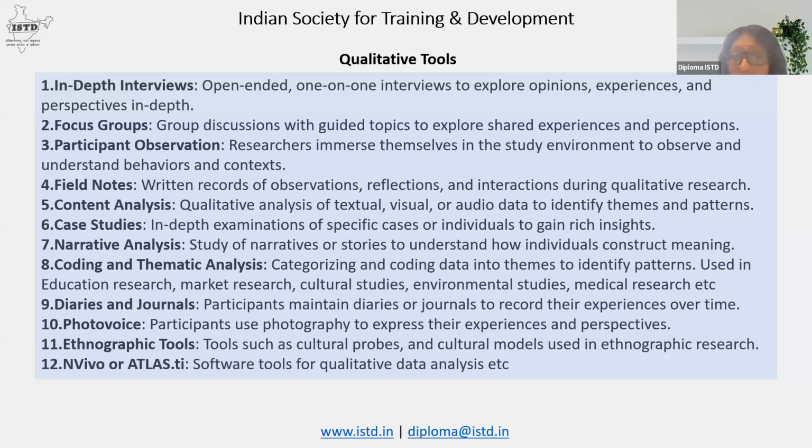This particular example is given with respect to research organizations, education research, market research, who are doing some cultural studies, environmental studies. They can make use of this particular tool, coding and thematic analysis. Diaries and journals, photo voice. Participants can use photography to express their experiences and perspectives.